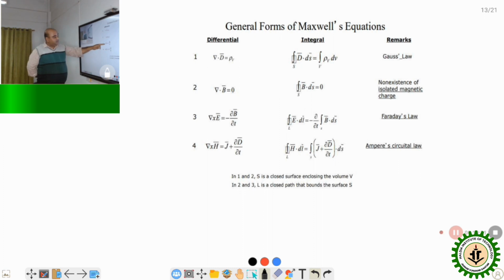That means del cross E bar will be equal to 0 and del cross H bar will be only equal to J bar. So these two are the changes that occur when you consider time varying fields: the introduction of the term minus dou B bar by dou t and the introduction of the term dou D bar by dou t, that is the displacement current density.